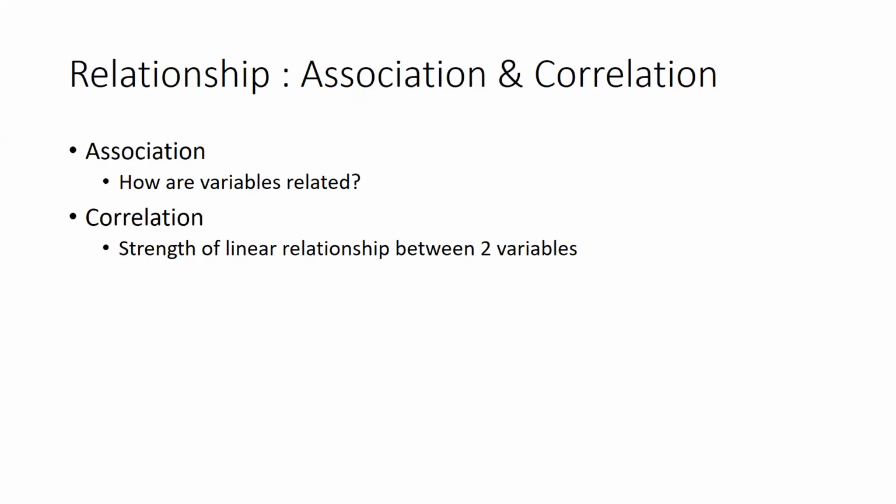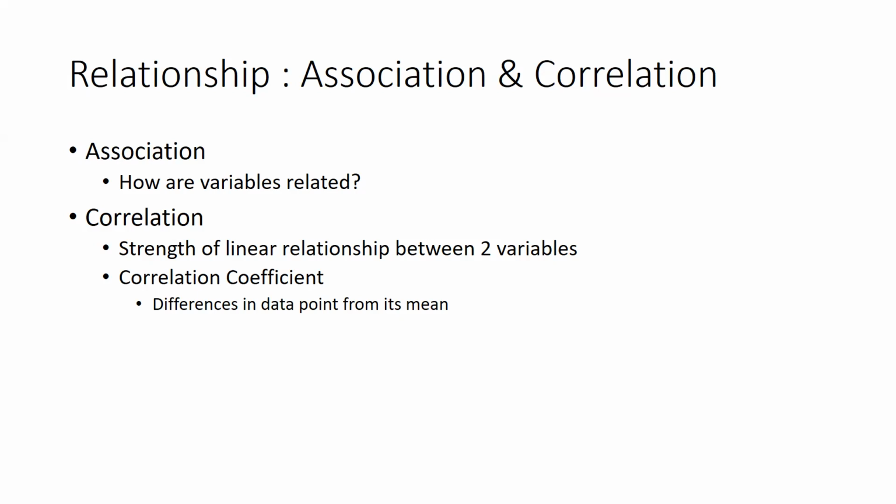The term linear is very important here, and we'll use a correlation coefficient to define how strong my correlation is. There are two things which the correlation coefficient takes into account.